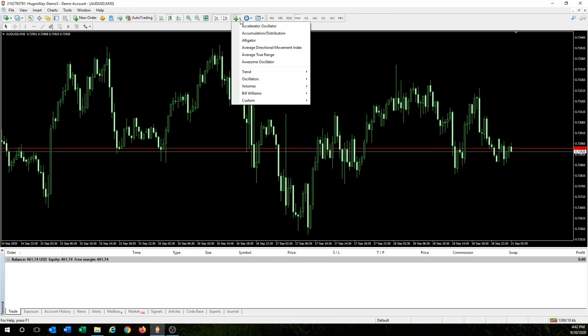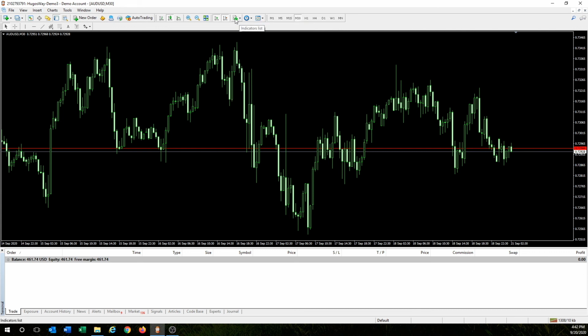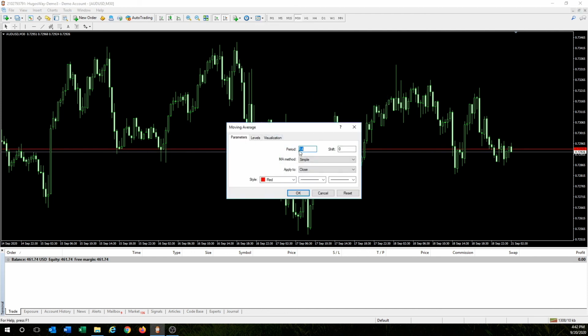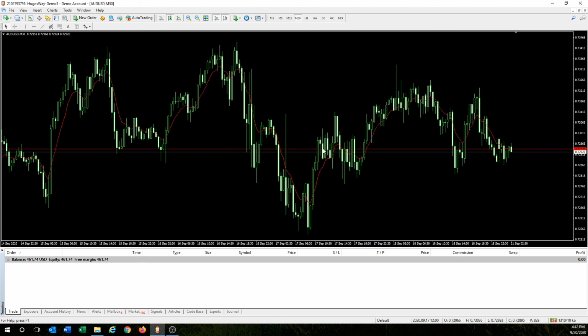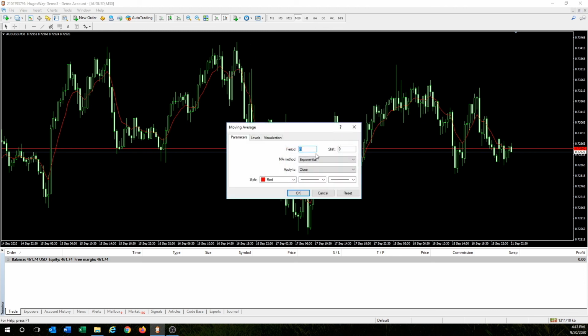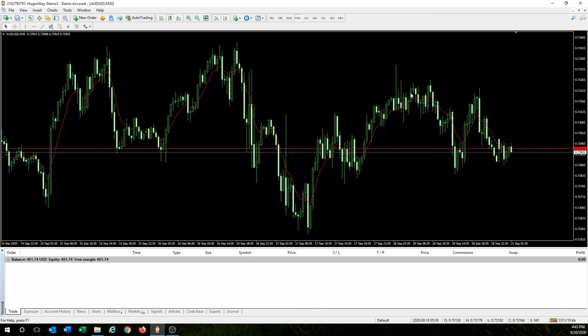We're going to talk about it in later chapters, but if you click on this little F+ button here and you go to trends, and then you click on moving averages, and then change this to exponential, and then change this to 8, and hit OK, and then you can go to this again and go to trends and go to moving averages and type in 18, make sure it says exponential, and you can change the color to blue, and you have now moving averages. So I just wanted to show you how to add these two indicators.